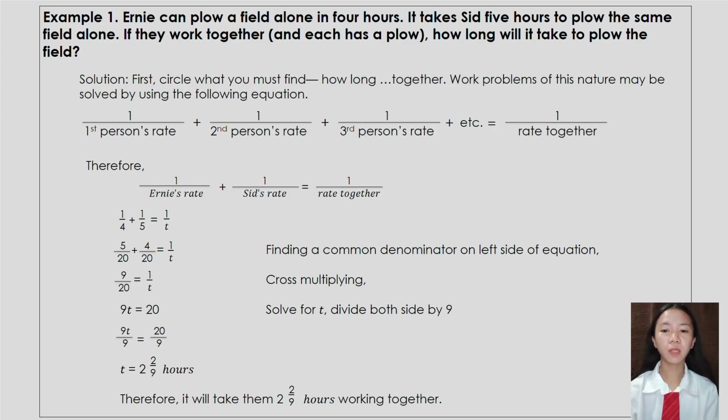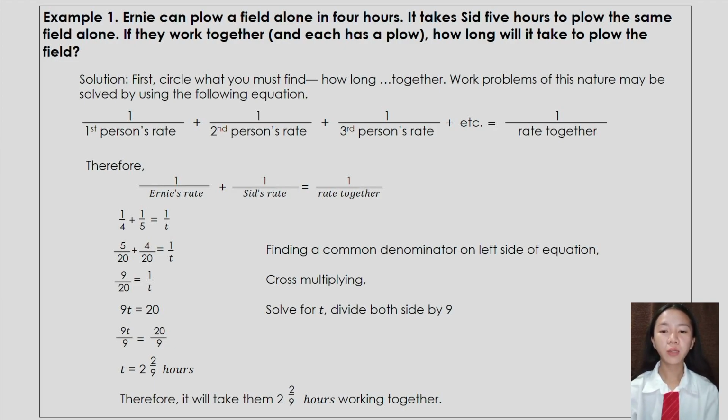Work problems of this nature may be solved by using the following equation. Our equation is 1 over first person's rate plus 1 over second person's rate plus 1 over third person's rate equal to 1 over rate together.